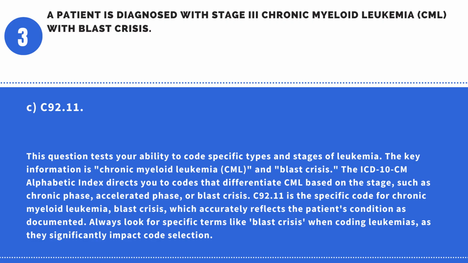C92.11 is the specific code for chronic myeloid leukemia, blast crisis, which accurately reflects the patient's condition as documented. Always look for specific terms like blast crisis when coding leukemias, as they significantly impact code selection.